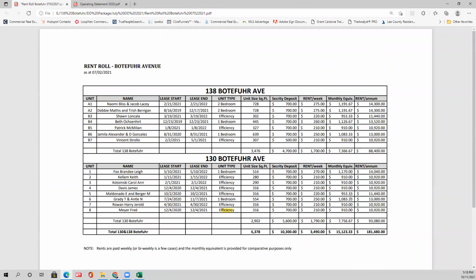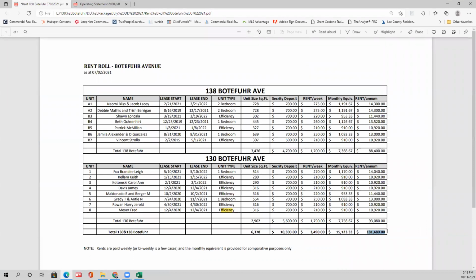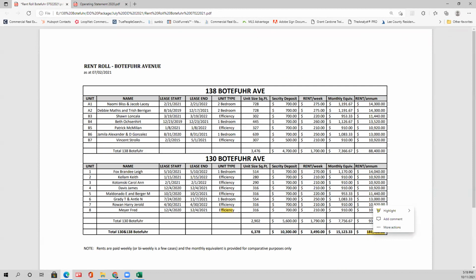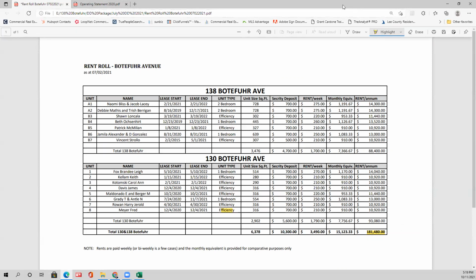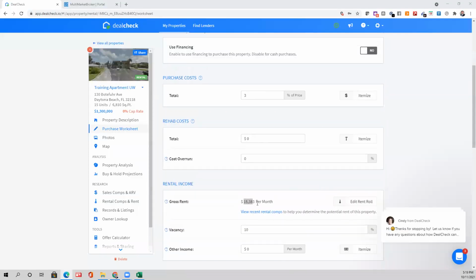If you're looking at the gross total per year, if you can see this down here, I don't know if you can highlight it. There it is, 181,480 divided by 12 gives you 15,383.